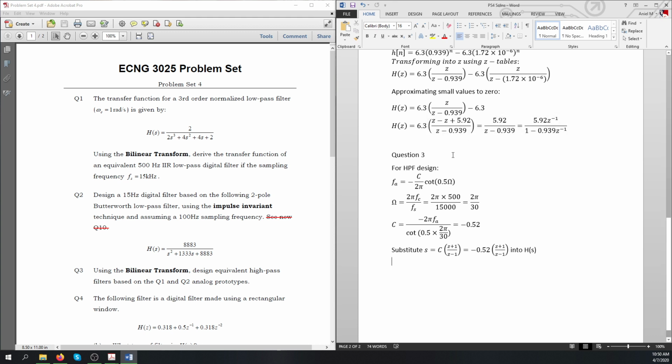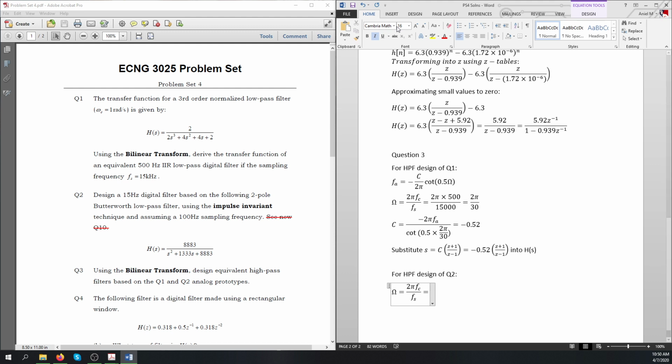So this would be question 1 of Q1 for HPF design of Q2. Our capital omega here is going to be different because we have a different cutoff frequency, a different sampling frequency.